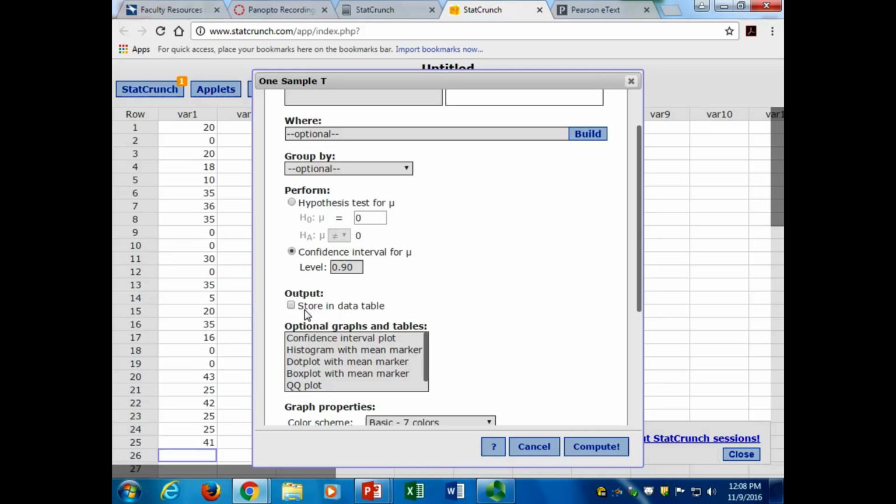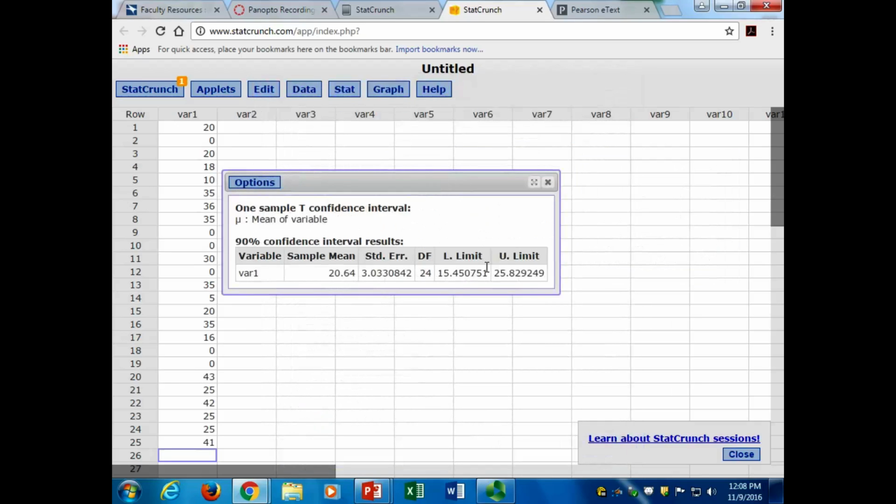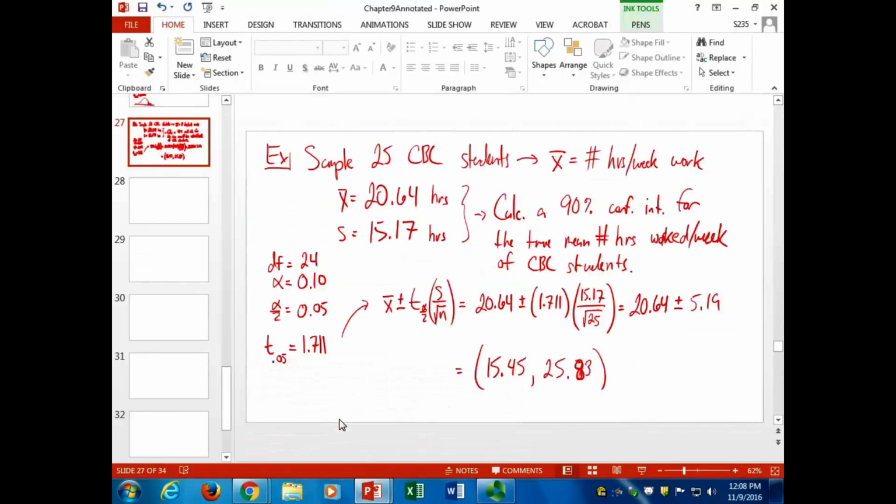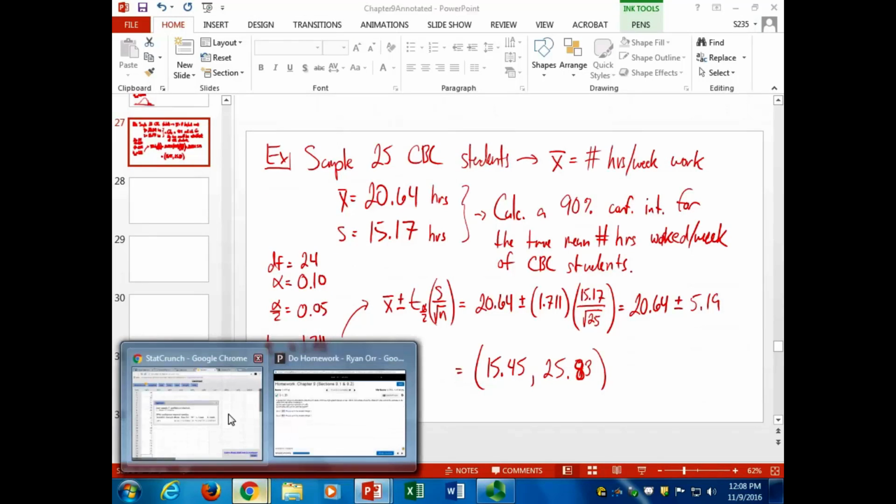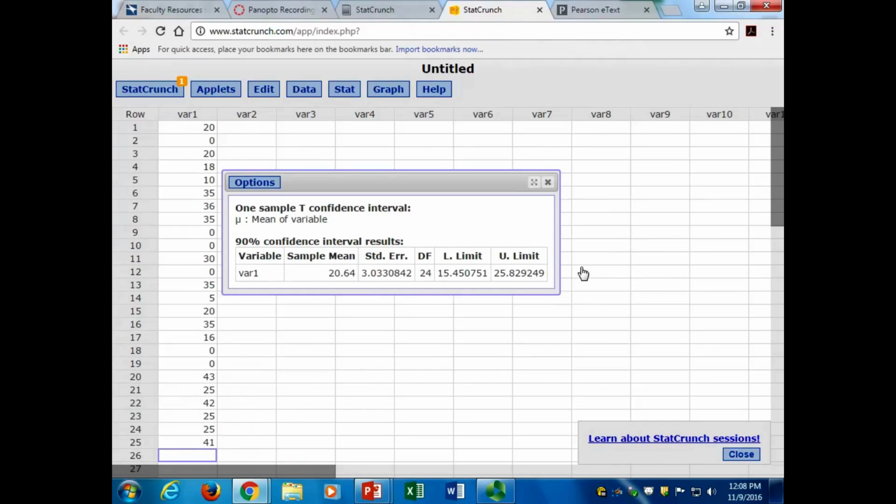So say we did a 90% confidence interval, and if we compute that, do they get the same numbers as we got? Yeah, see they give you the lower limit, 15.45, upper limit, 25.83. Is that what we got? Nice. Hey, we did a good job.